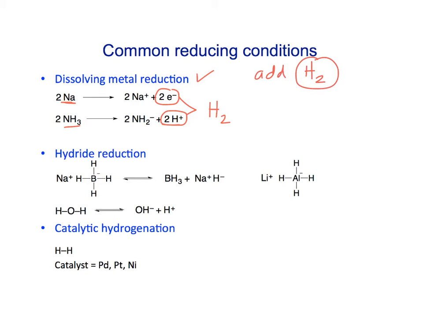Another way to reduce organic molecules is to use a combination of hydride, H minus, and proton, H+. So if we mix H- and H+ together, we get H2.